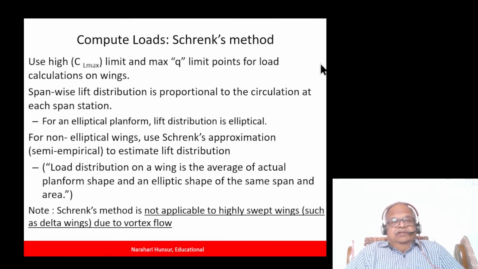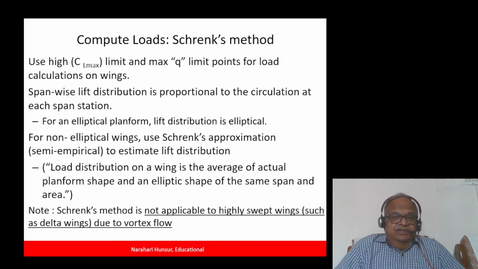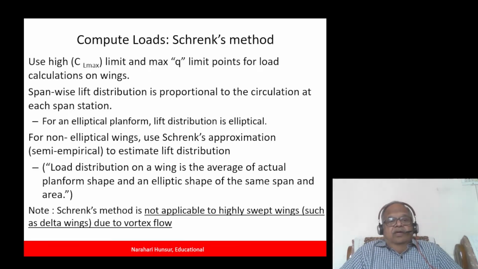So in Schrenk's method, you try to address whether we can take this variation into account. What we start off with is using the high CL max limit, basically maximum dynamic pressure, for load calculation on the wings. Span-wise distribution is proportional to the circulation at each span station. This is an assumption which comes from aerodynamics.